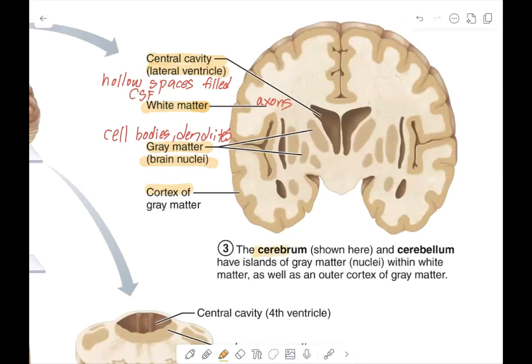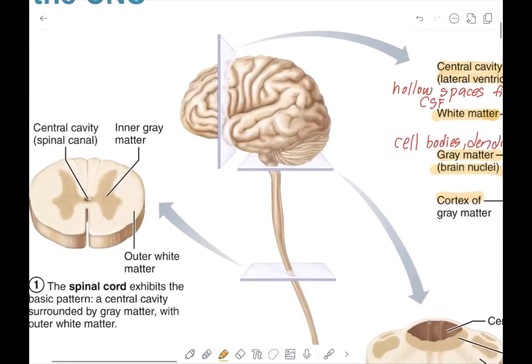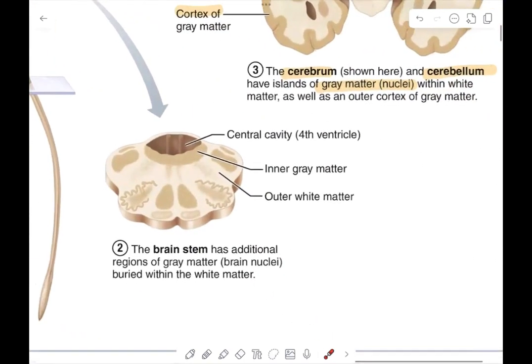So the cerebrum and the cerebellum have islands of gray matter, which are called basal nuclei. And we'll be talking about a lot of them throughout the semester. Returning back to our original brain here, if we take a transverse or cross section right below the brain stem, we're going to see the brain stem.